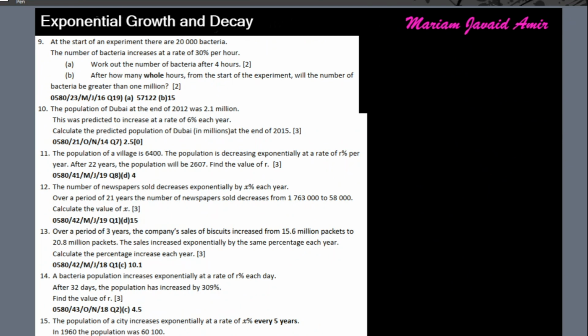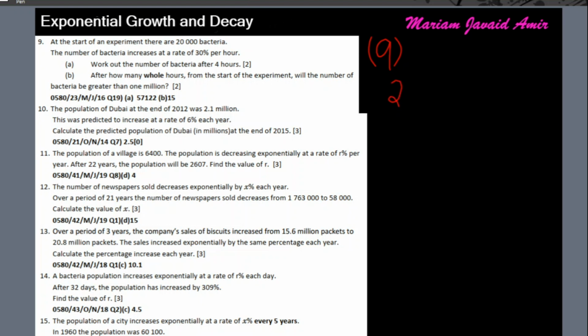Question number 9. At the start of an experiment, there are 20,000 bacteria. The number of bacteria increases at the rate of 30% per hour. Work out the number of bacteria after 4 hours.